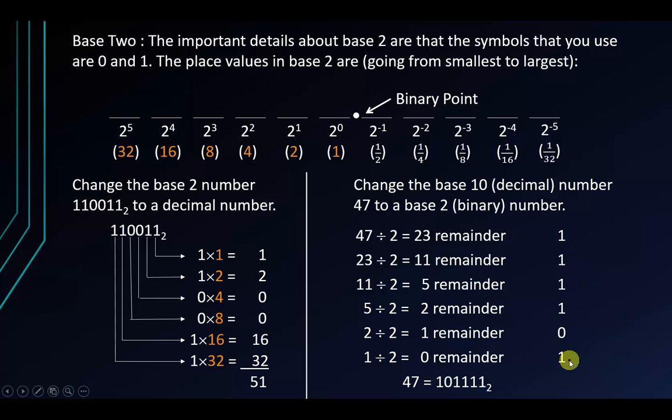Therefore, you take these numbers, and the order is important, so that they become laid out like that, and that then is the number 47. That is one method of doing it.